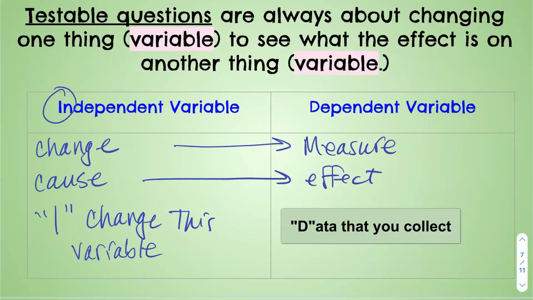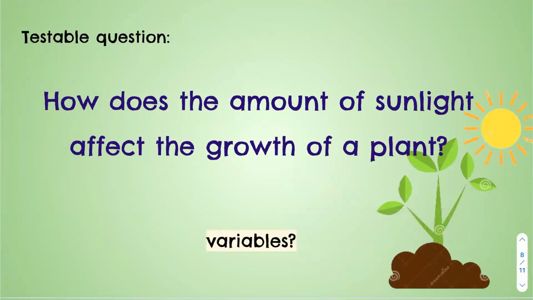Looking at a specific example, here is a testable question. How does the amount of sunlight affect the growth of a plant? What are the variables here? Well, we've got two things. We have amount of sunlight and we have the growth of the plant. So what depends on what? What am I changing? The independent variable?